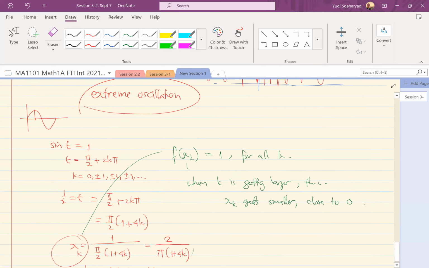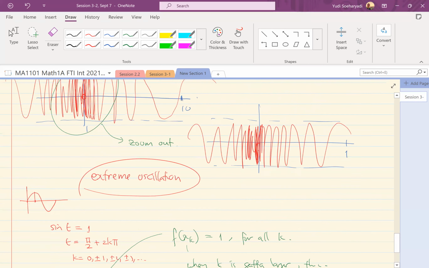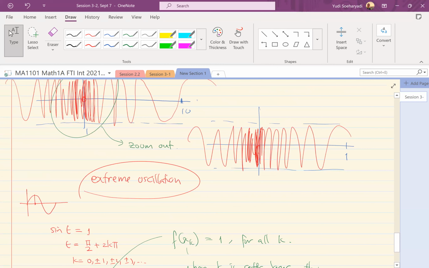So what does it mean pictorially? It means that this is x_k, this is another x_k, right? So you're jumping around the top of the waves, right? So you see that, well, if you're an observer jumping around the top of the wave, it looks like it's going to the value 1.